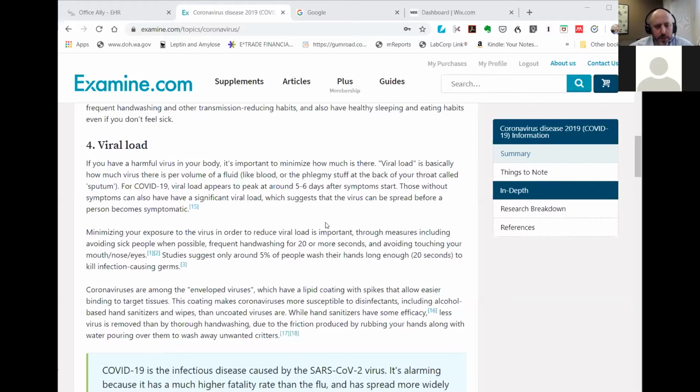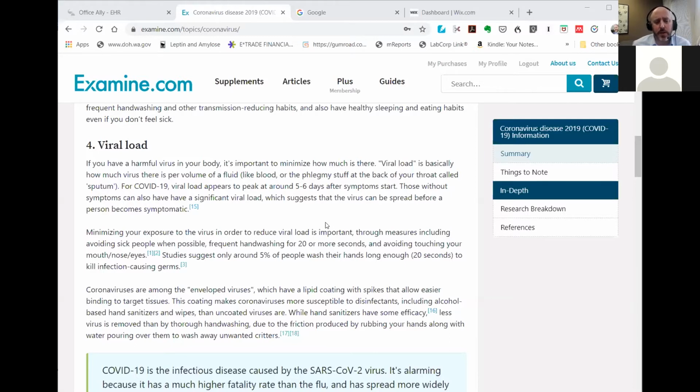The interesting thing about the coronavirus is it has spikes, which makes it easier to bind to target tissues. The coating on the coronavirus also makes it susceptible to hand sanitizers, wipes and alcohol-based products.